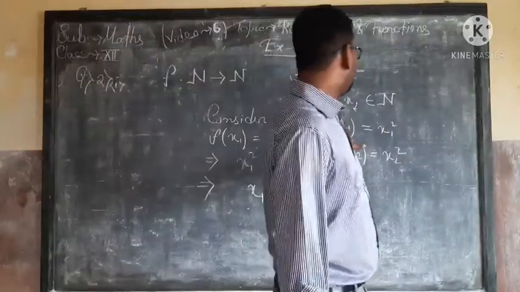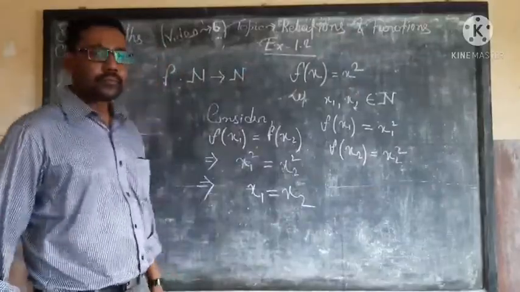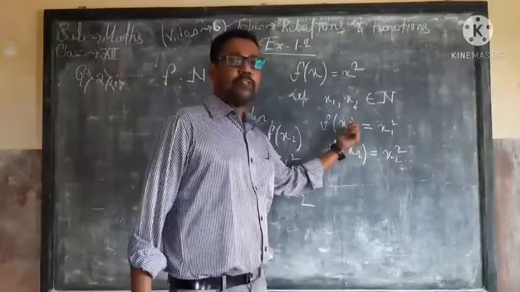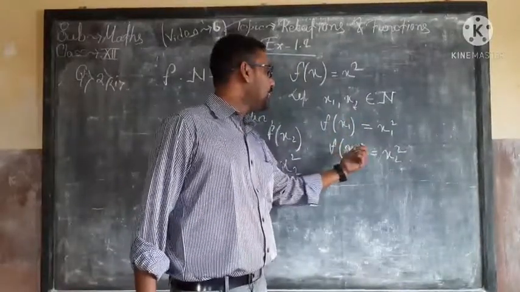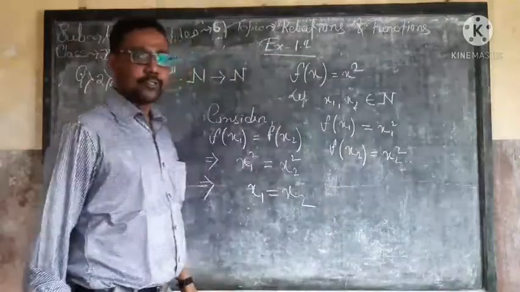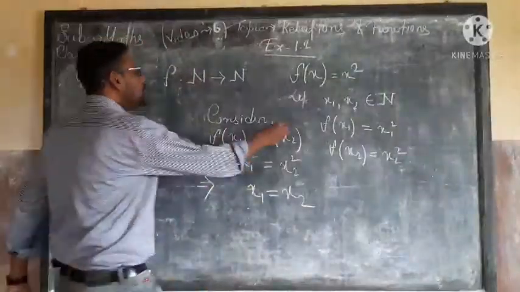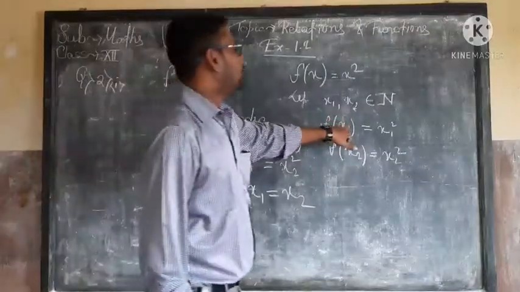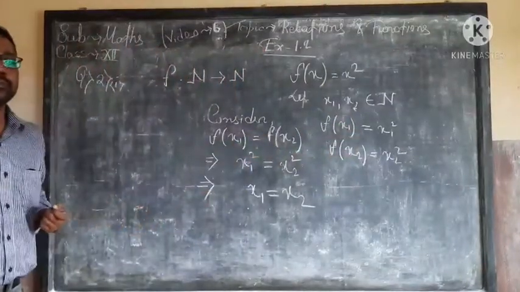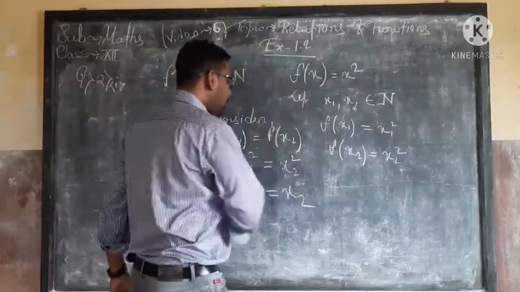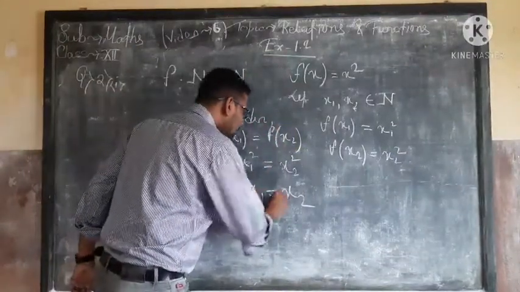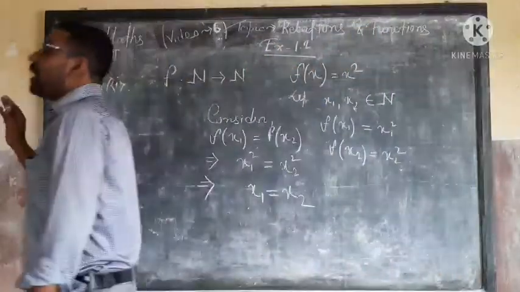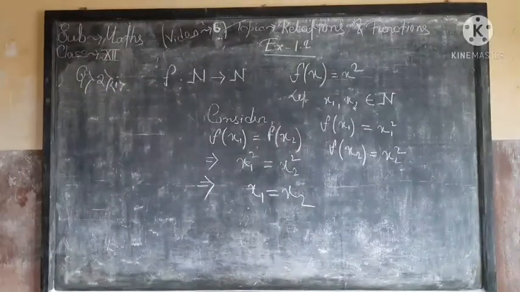After putting the values in this f(x), it produces x1 square for the value of x1 in place of x, and x2 square when x equal to x2. After that, we consider the values of these two to be equal. If the values of these two are equal, that means x1 and x2 are also equal. That means x1 and x2 are identical.